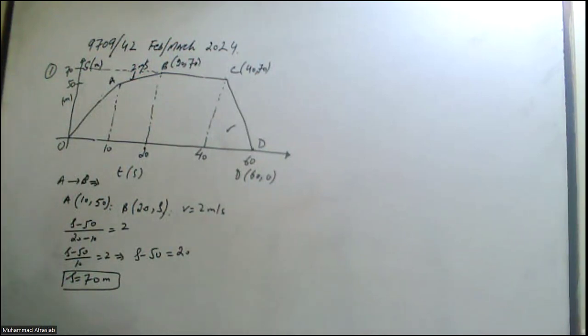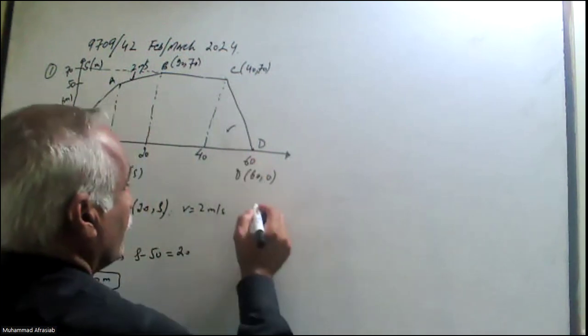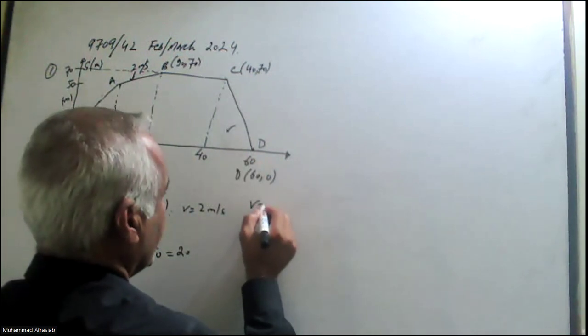Now, we can use the distance time formula for the last 20 seconds, as we are going to calculate the velocity of that particle.